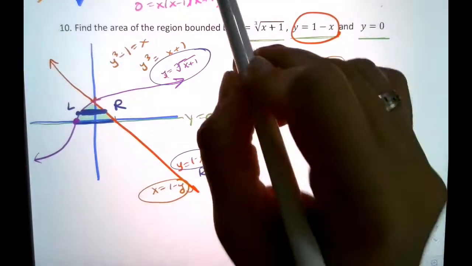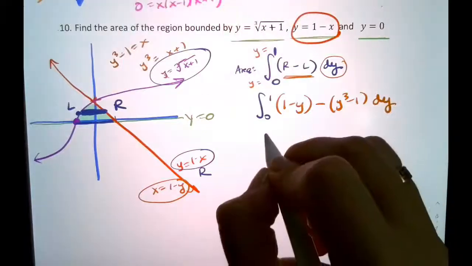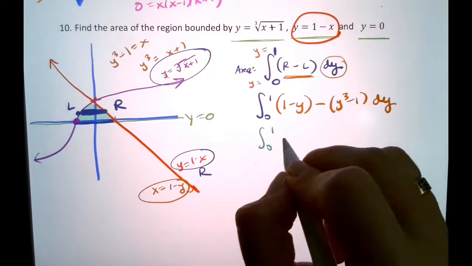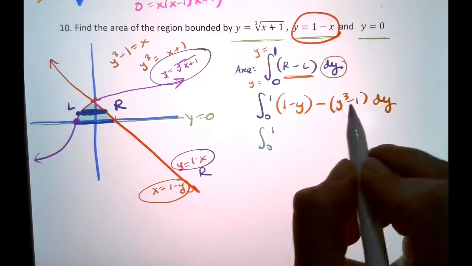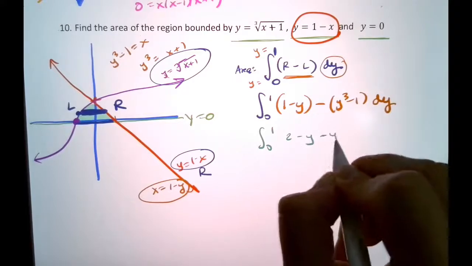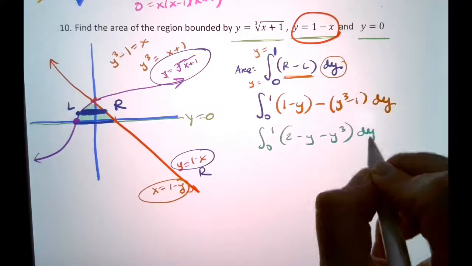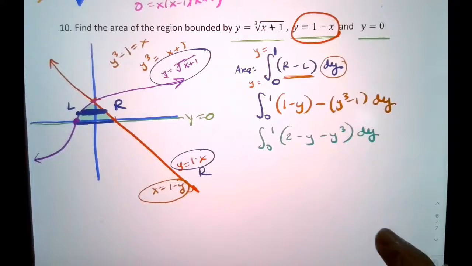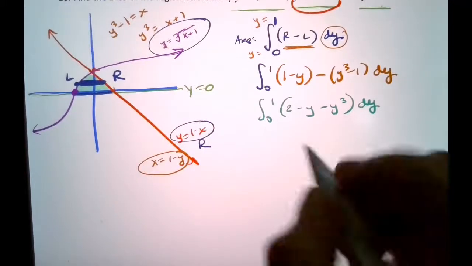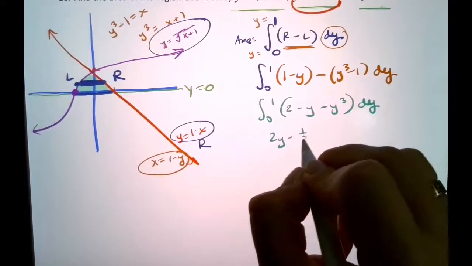So I am going to evaluate this definite integral. I'm going to kind of combine some like terms. 1 minus negative 1, that would be 2. And I will find the answer to this. So I'm going to come up with my antiderivative.